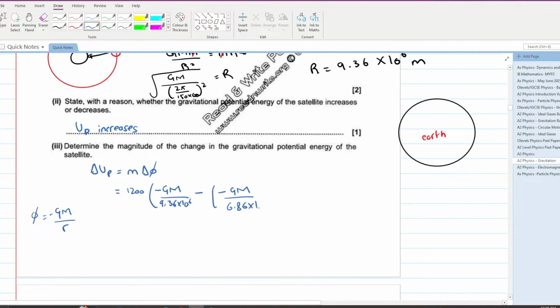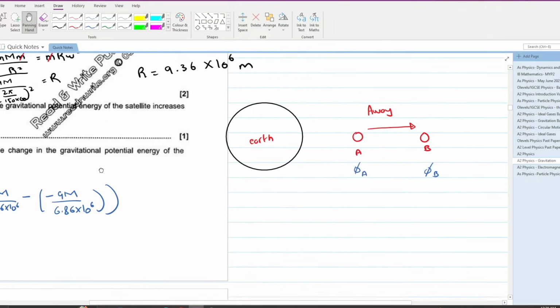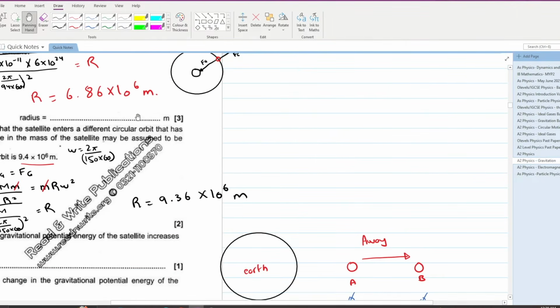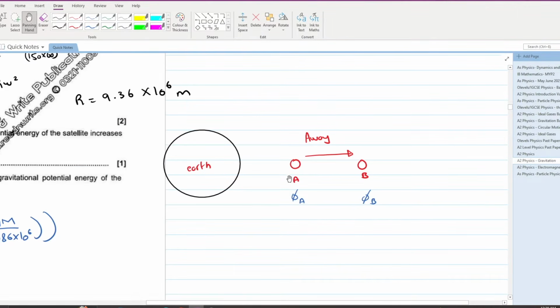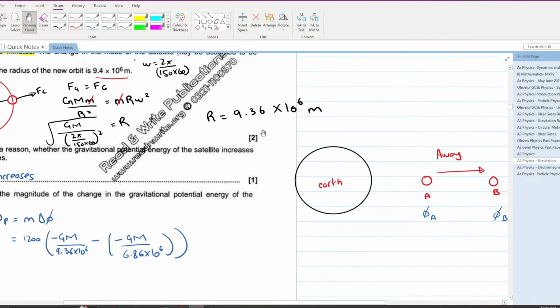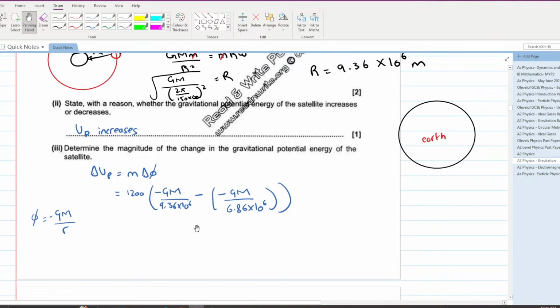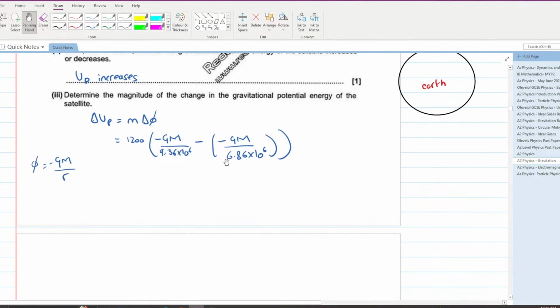Now take a whole bracket. बेसिकली हमने क्या किया है, position A पे R क्या था 6.86, this is the initial position A वाली. B पे R क्या था 9.36, that is the final R. We just place different Rs for the different gravitational potential. Now let's simplify it further.